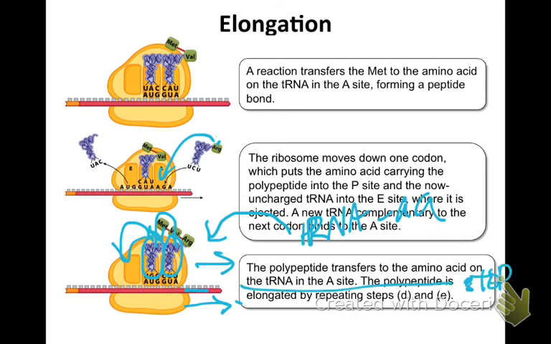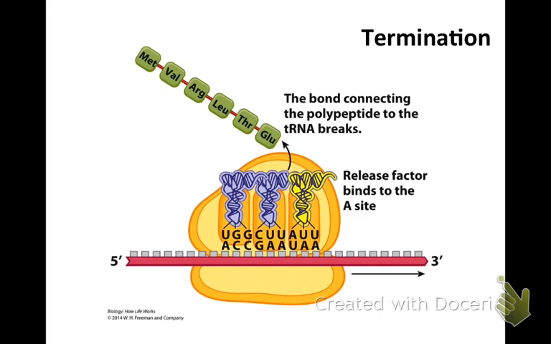When I do hit the stop codon, which in this case we know is UAA, it's a little more complicated than a tRNA coming in, but we call this a release factor.